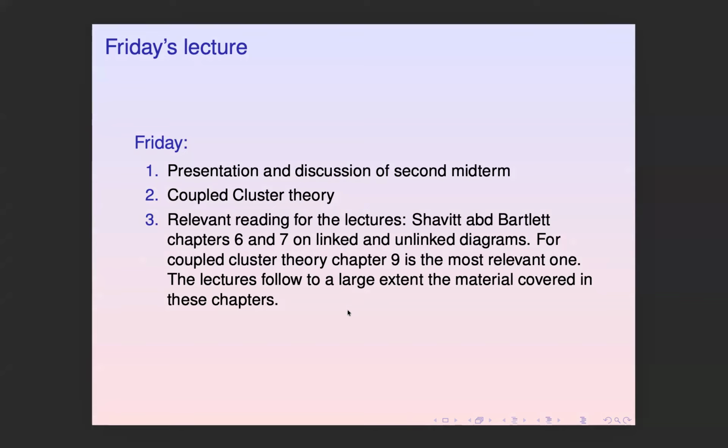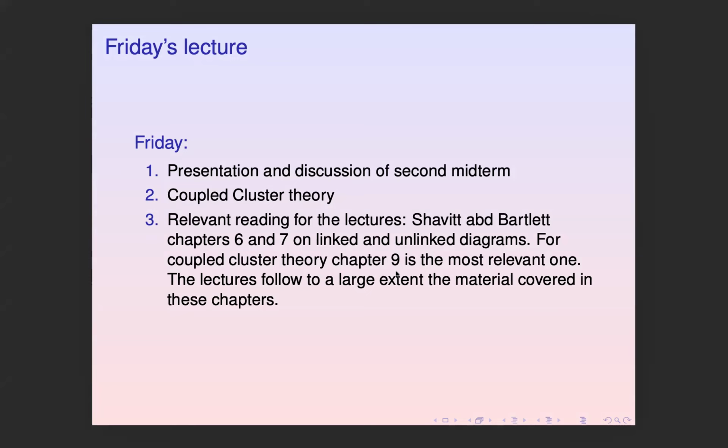When we look at the general coupled cluster equations, for the midterm, in case you would like to add that to the oral examination, I'm going to give you programs for the coupled cluster method. That program implements essentially what chapter 9 does, applied to that simpler Hamiltonian which we have in the second midterm.